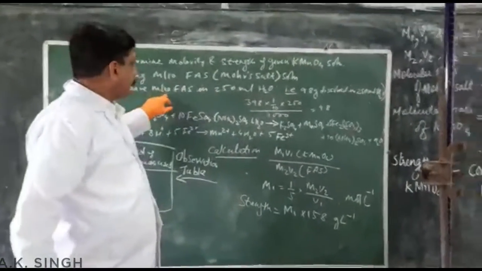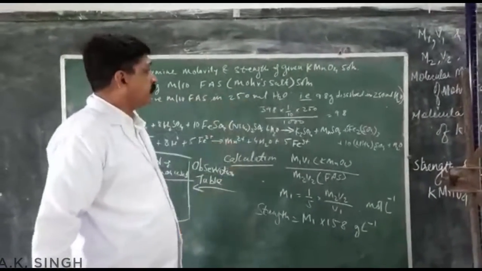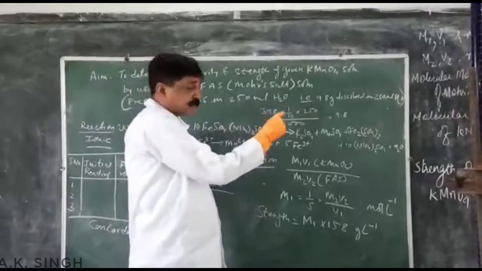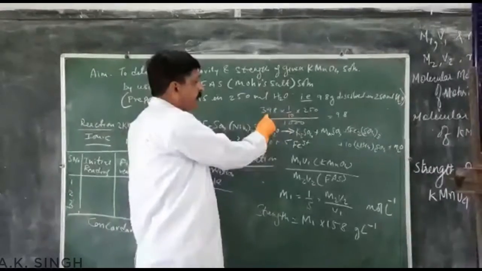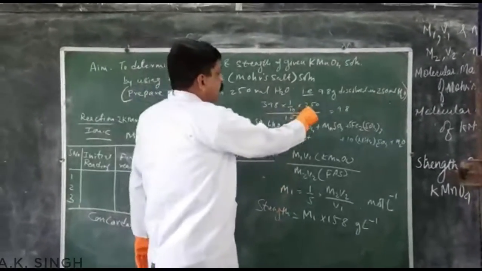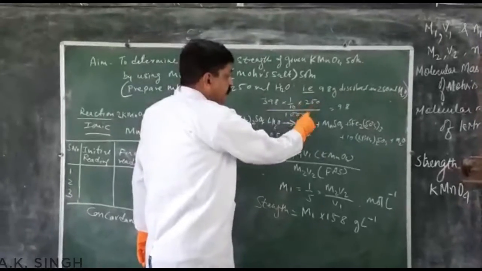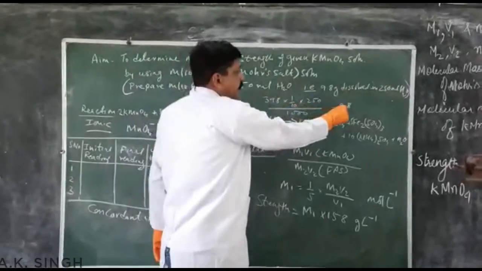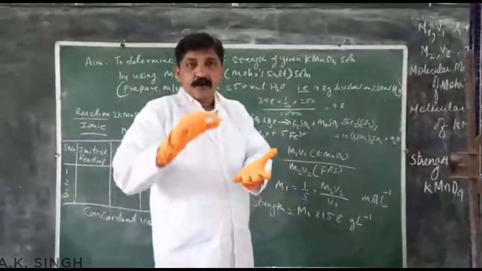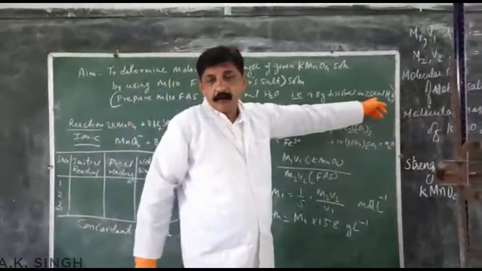You have to prepare N/10 FAS in 250 ml water. For that, this is the molecular mass of ferrous ammonium sulfate. So by using this formula, you will get 9.8 gram of FAS, which is to be dissolved in 250 ml.